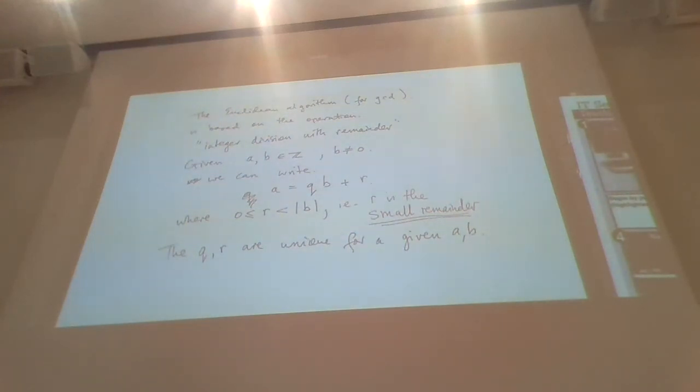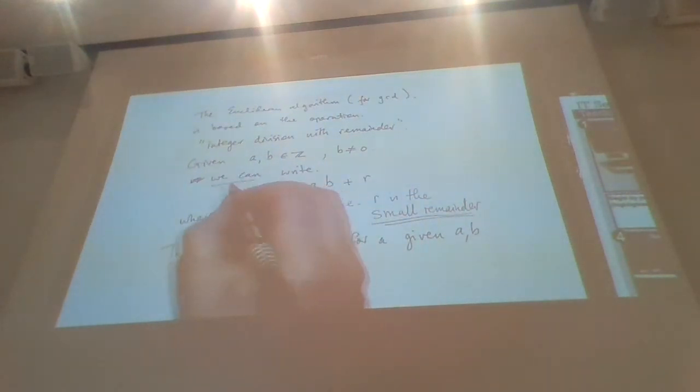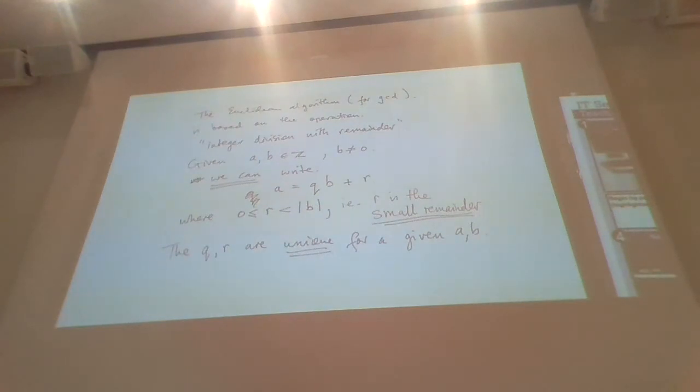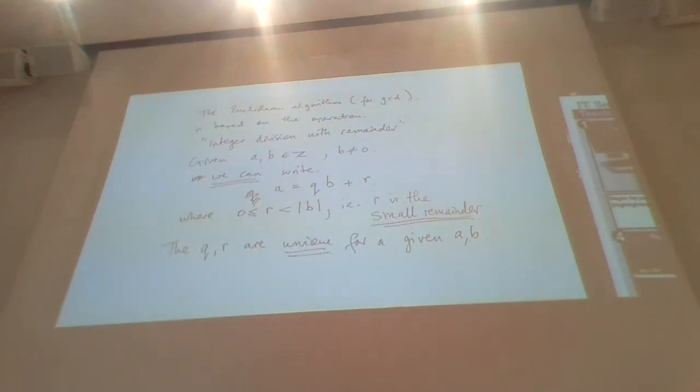So why is that presented as a theorem with a proof rather than just as a definition? Well, there are a couple of claims there. We can write A is Q times B plus R, which in general you should perhaps have to justify, and that this can always be done uniquely.